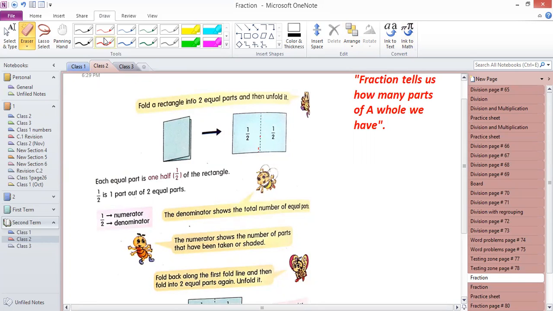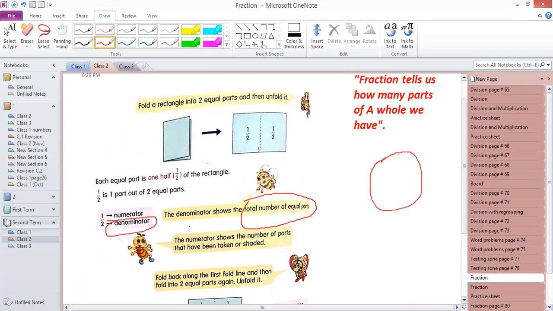So let's discuss these first. Denominator. Denominator is one of the very important things in fraction. Denominator actually tells you the total number of equal parts. Let's suppose there is a circle.